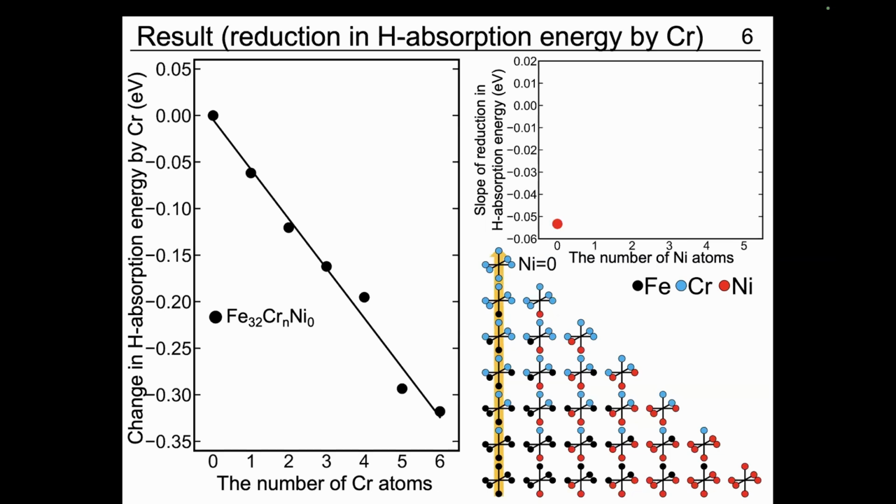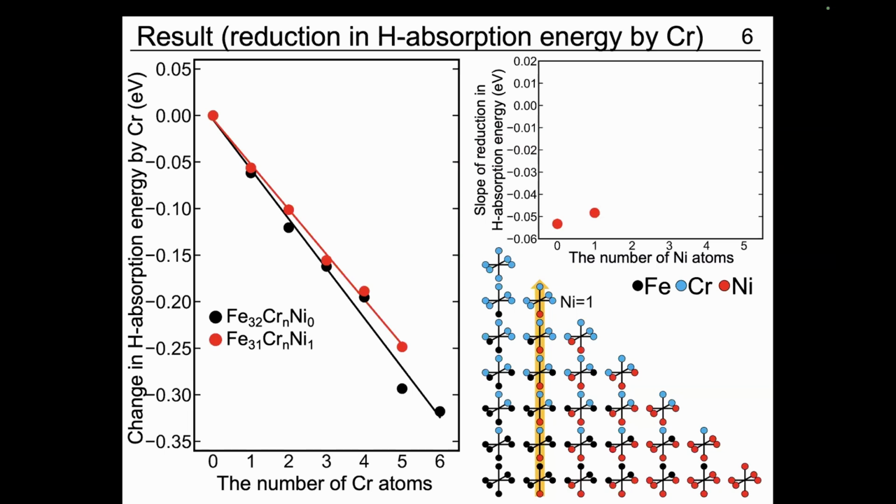This is consistent with the previous study. And then in the iron chromium nickel ternary systems, chromium atoms also decrease the hydrogen absorption energy in the same way, but the slope is more gentle due to the existence of nickel atoms.